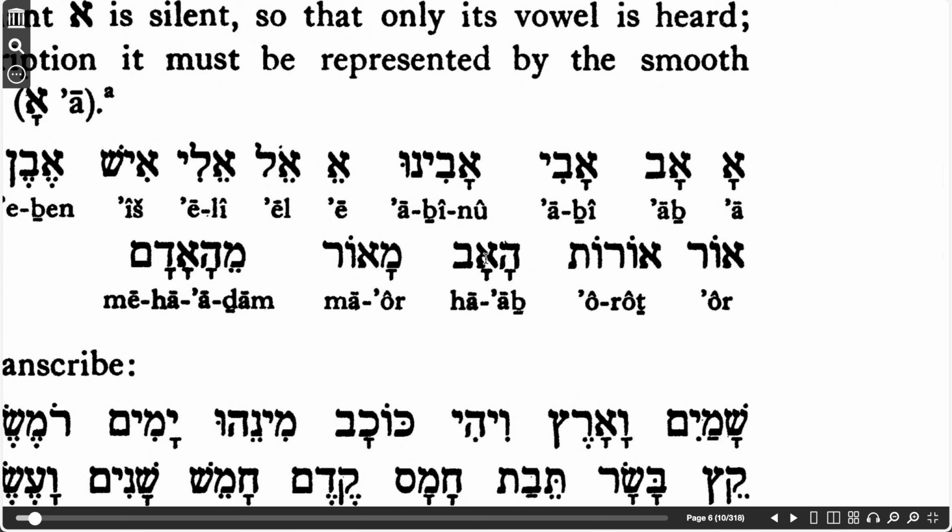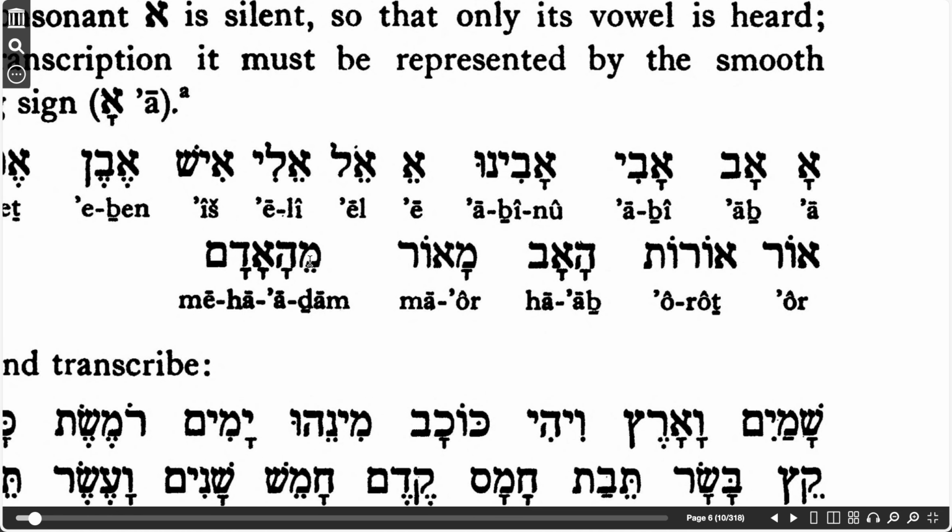Now it's in the middle. Here it was at the beginning. Here it's in the middle. Ha'av, ma'or, me ha adam, me ha adam. Again, the aleph is silent, so I'm not pronouncing it.